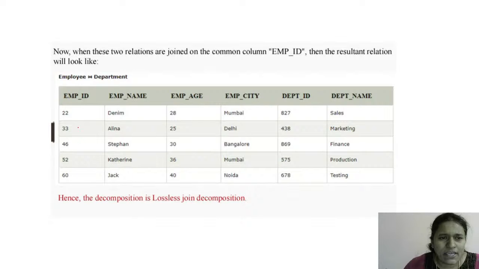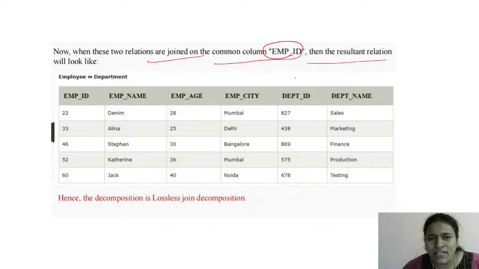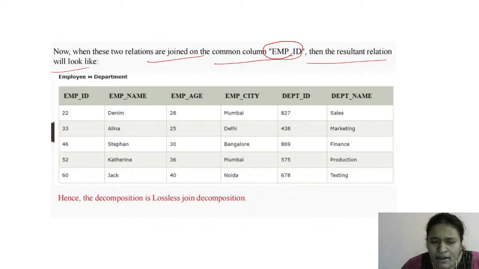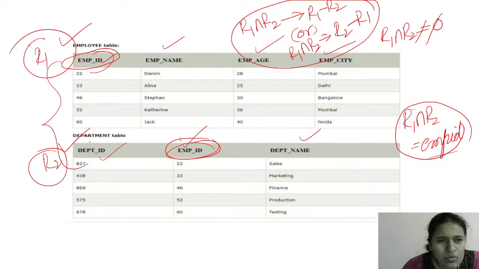Now we will see, when these two relations are joined on the common column employee ID, what the resultant relation will look like. Here we are joining these two relations by using this common attribute. See here, first we took employee ID 22, 33, 46, 52, 60. What is the name of employee ID 22?